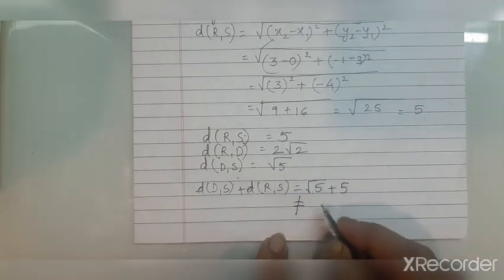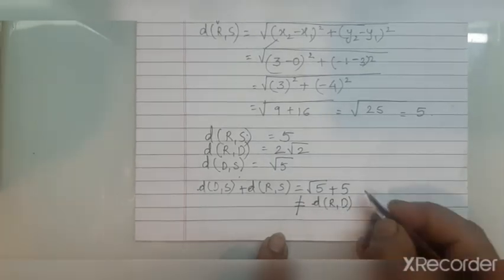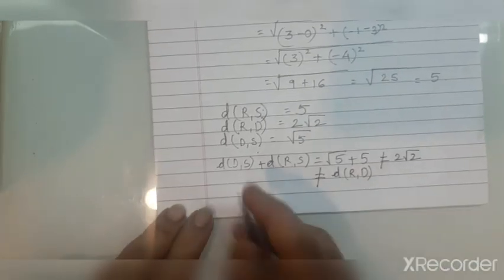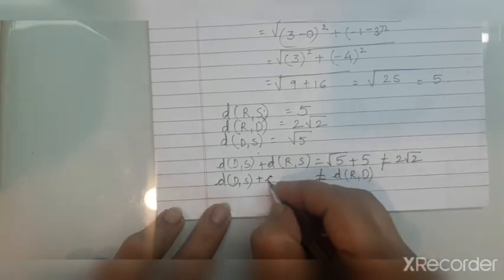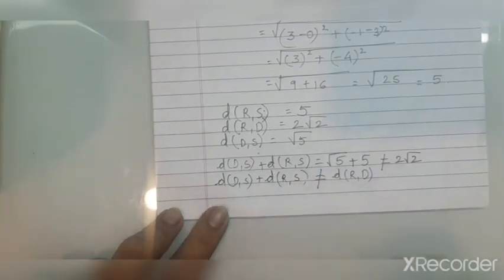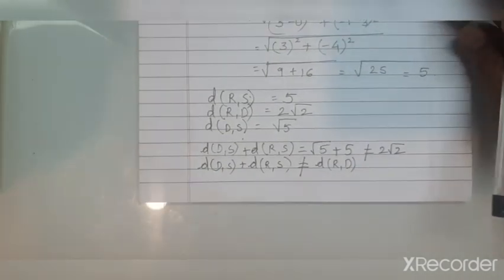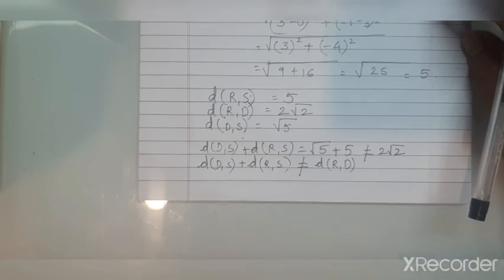It is not equal to distance RD, because it is not equal to 2 root 2. 2 root 2 is RD. Okay, so in this case, when we add the two smaller distances, if the addition is not equal to the greater one, then we say that the points are not collinear.